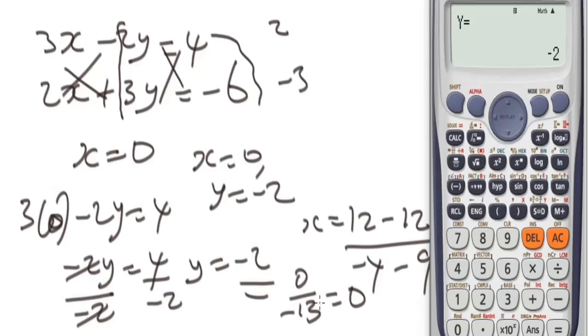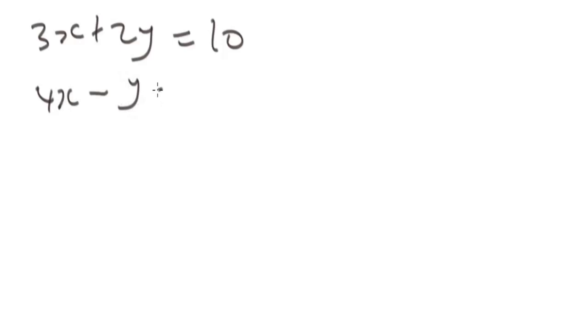Okay, so let's wipe this and solve another problem. Let's say we are given this problem: 3x plus 2y equals 10, and we have 4x minus y equals 6. In this kind of question, only one trick will apply because the equivalence of what we have here is not the same for either the x or y variable. That means we're going to apply this technique.